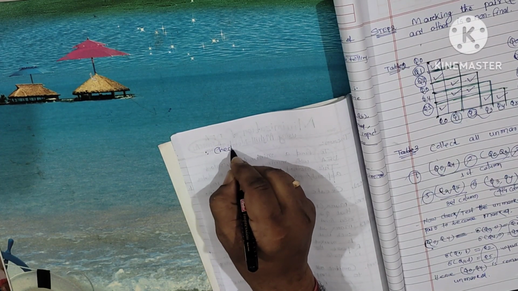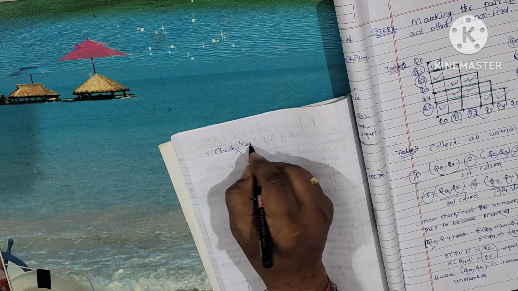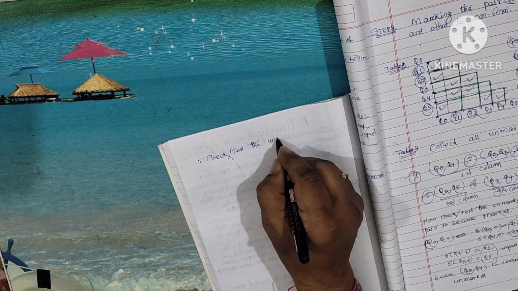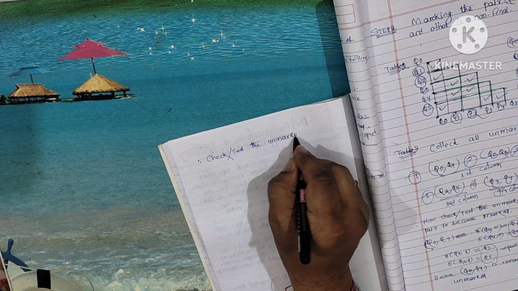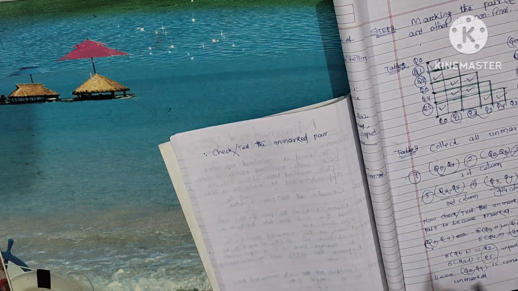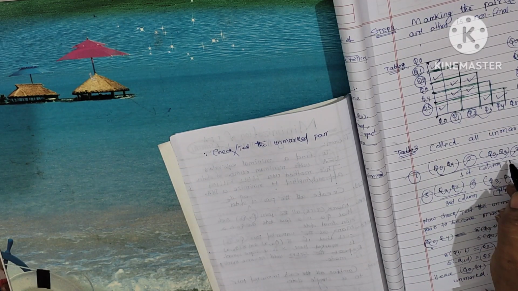Check or test the unmarked pair which is next to that, Q0, Q3.